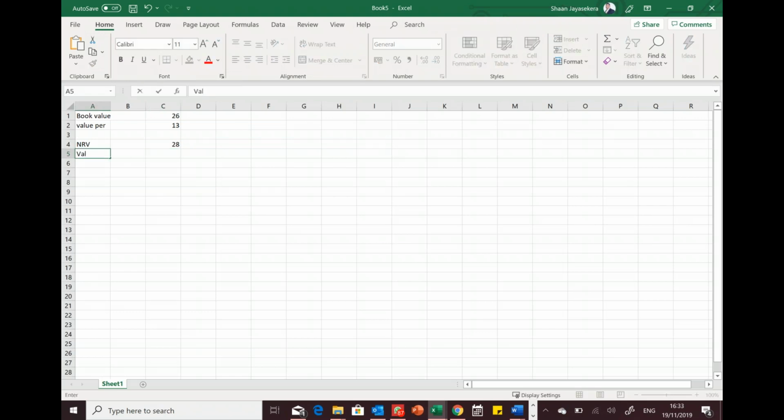So the value per share should now be 28 divided by 2 million shares, 14, which means this company should not accept less than 14, because that's the minimum value you should be getting; anything less than this doesn't make sense. So your answer is answer A.